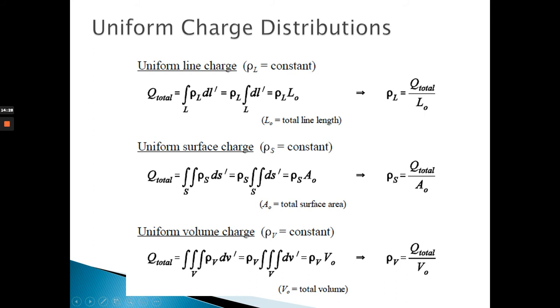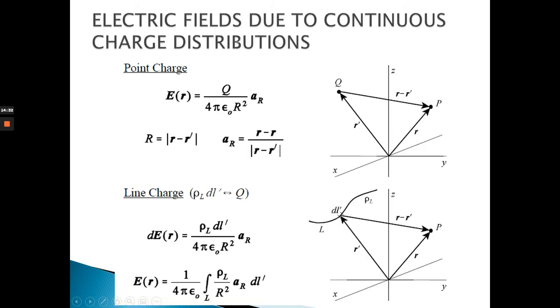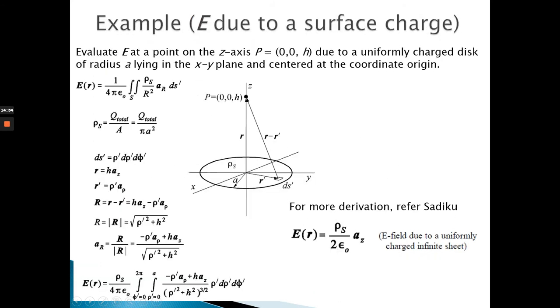The charge density of any surface is the total charge divided by the area. Here A means the area of this circle, so pi A squared, where the radius is A. So we get this one.